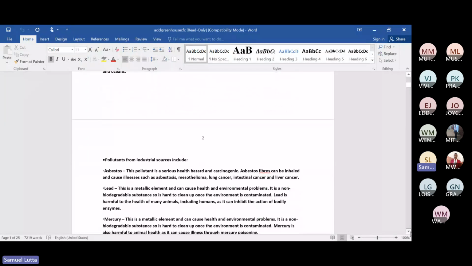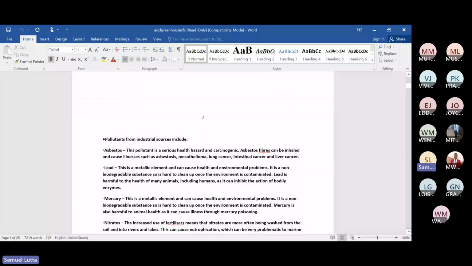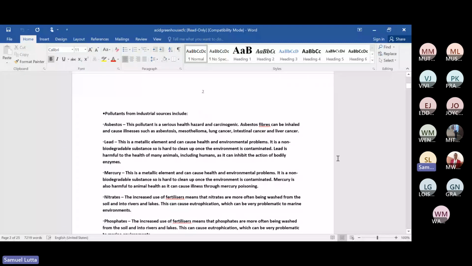Some of the pollutants from the industries may also include heavy metals, and I think we talked about asbestos. This was used before, but now it has been phased out because it is carcinogenic.